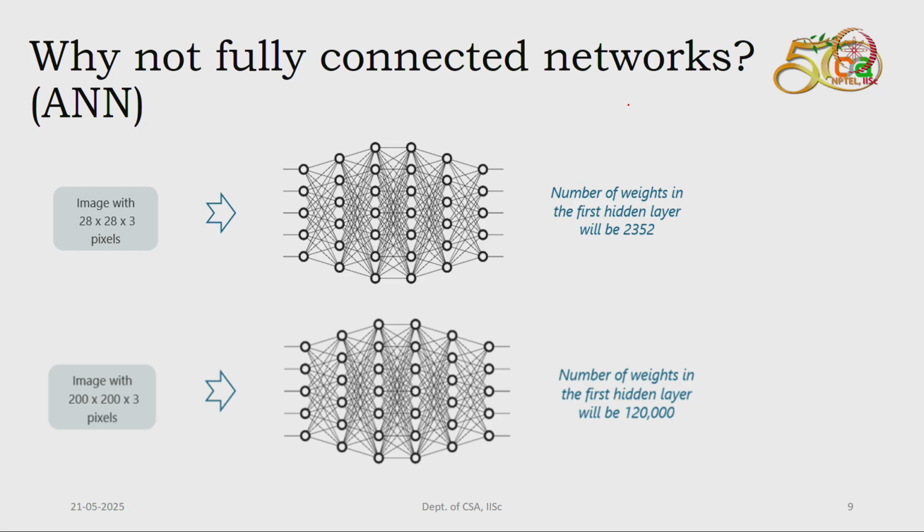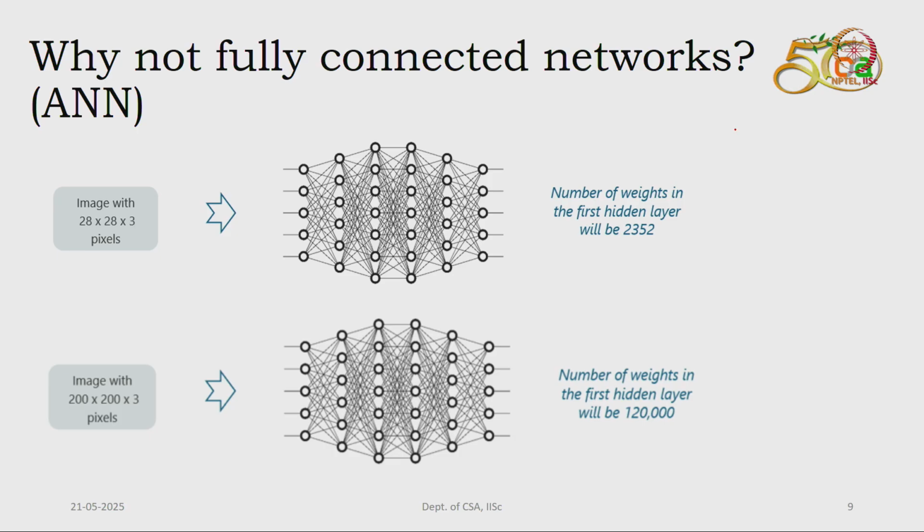There we have seen that the number of neurons that we put at the input layer will be the number of features. Now, why can't we use a multi-layer perceptron or ANN when we are dealing with images? This is one of the important concepts that we need to understand.